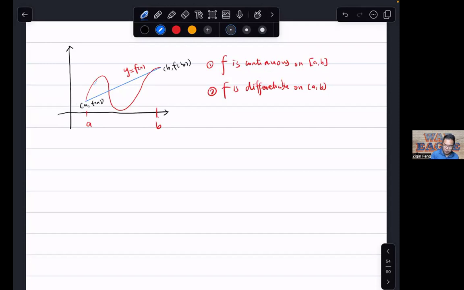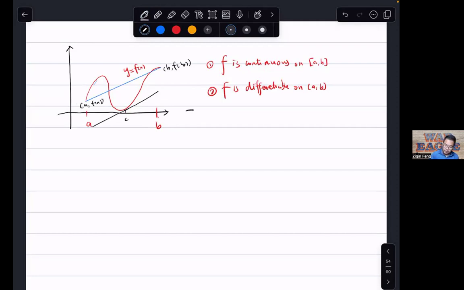Let's use a black pen. You can call it c here. This is our c, such that the tangent line at (c, f(c)) is parallel to the secant line we have, the blue line.